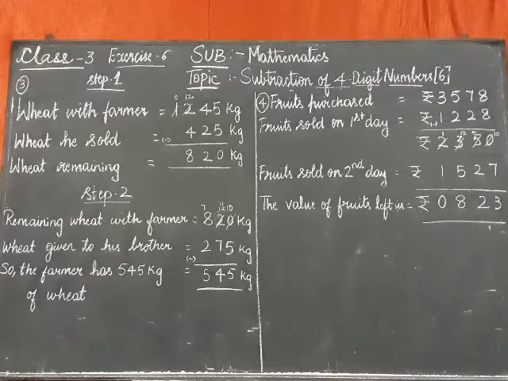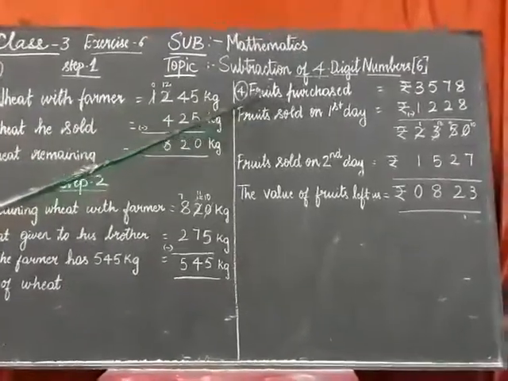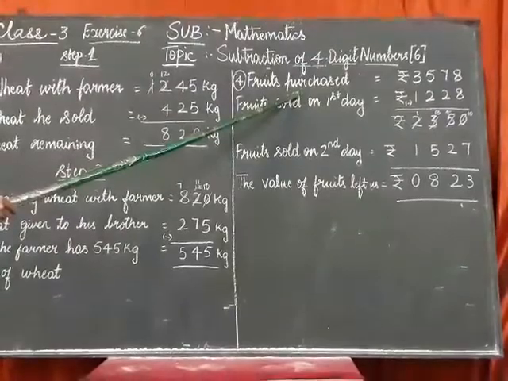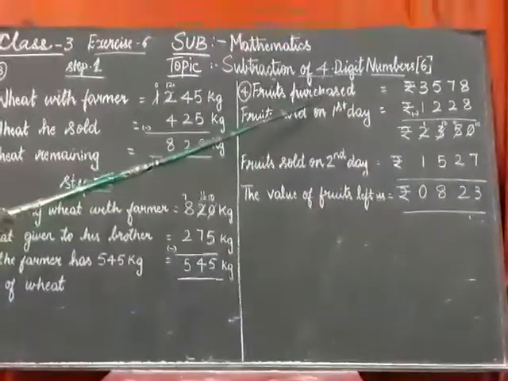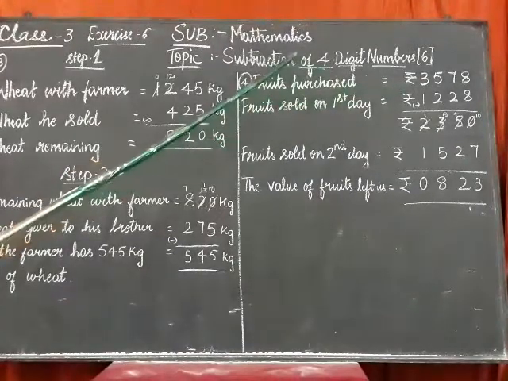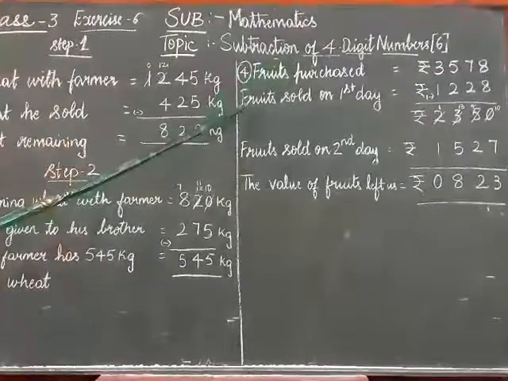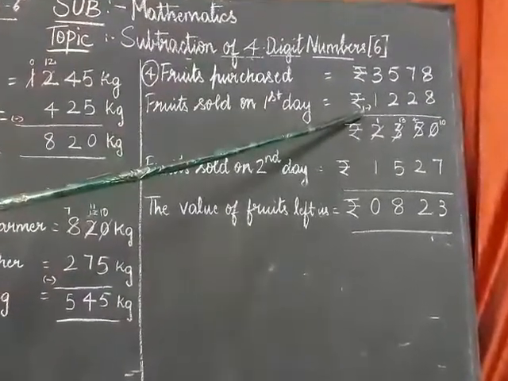So the first step I am taking is fruits purchased. Purchase means what he is buying. Fruit purchased by whom? By this fruit seller. How much rupees did he buy? He bought for rupees 3578. Then he sold on the first day for rupees 1228.